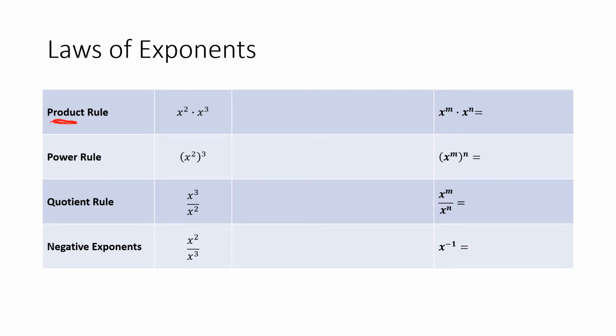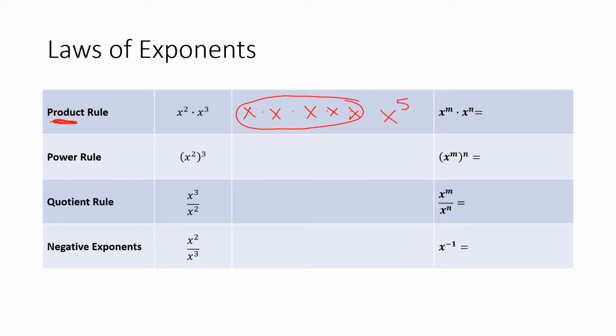Product means multiply. So for example, if you had x squared times x cubed, what that actually looks like, x squared would be x times x, and then x cubed would be x times x times x. And if you're multiplying those together, how many x's do you have? This would be x to the fifth power.